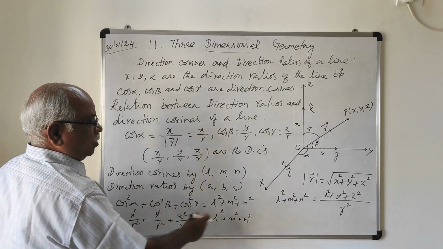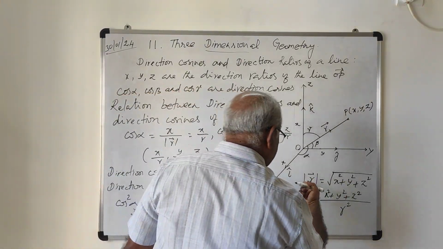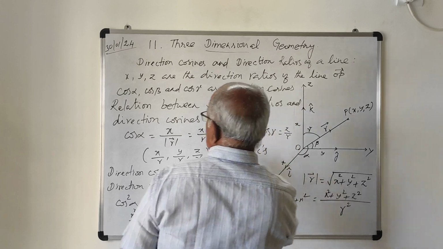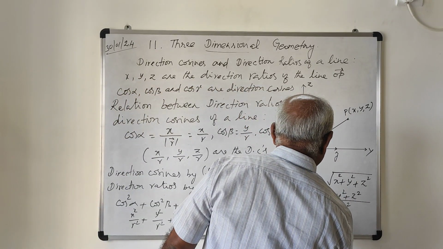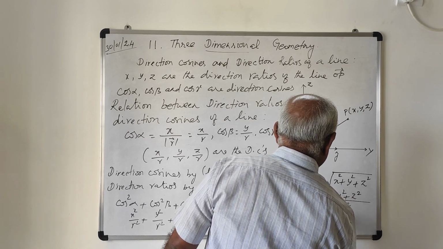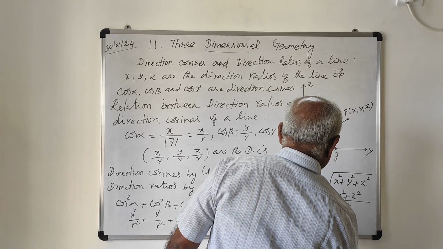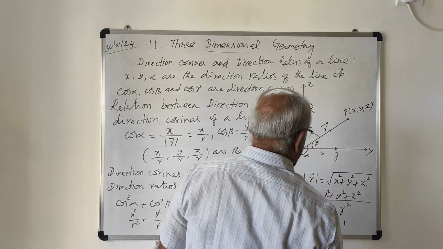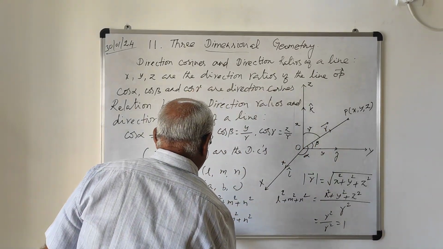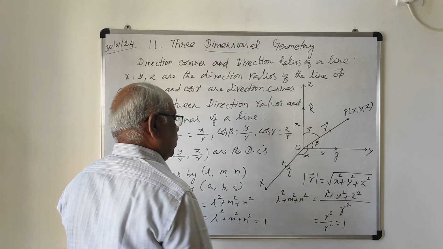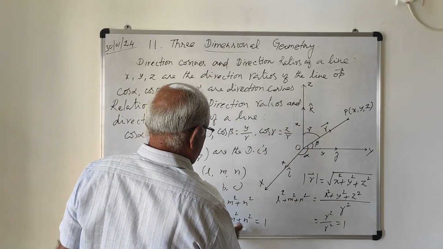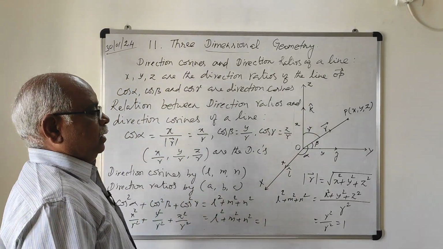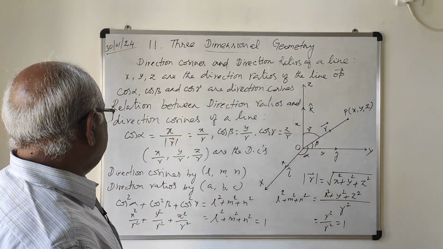And x square plus y square plus z square is again r square. It is r square by r square, that is equal to 1. So L square plus M square plus N square is equal to 1. That is, the sum of the squares of the direction cosines is 1.